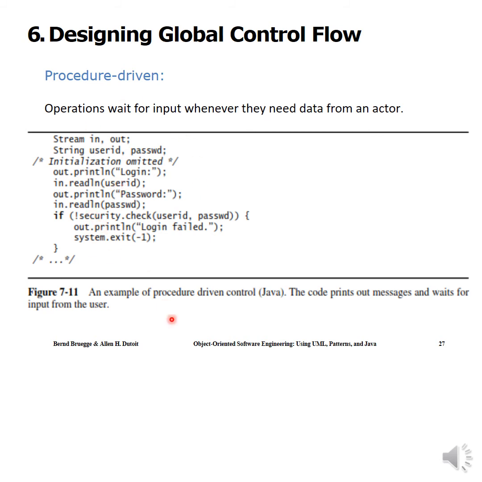An example of procedure driven control: the code prints out a message and waits for input from the user, and next it is waiting for input from the user to perform the security check on the input provided by the user.